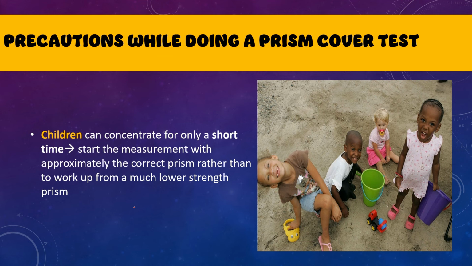You know that the Hirschberg's corneal reflex there is about 15 degrees. So if you want to convert it into prism diopters, how much will it be? It will be roughly 15 into 2, that comes to 30 prism diopters. So you start your test using somewhere around 30 prism diopters, and then go up accordingly. That way you will save time and you don't have to deal with the short attention span of kids.